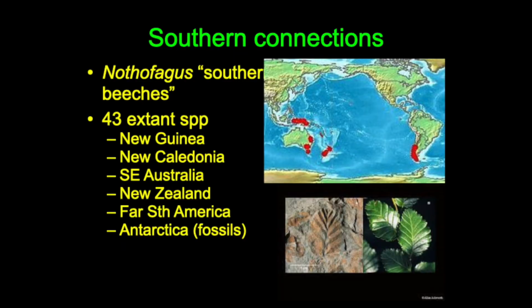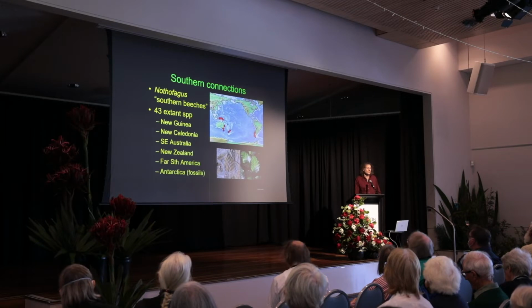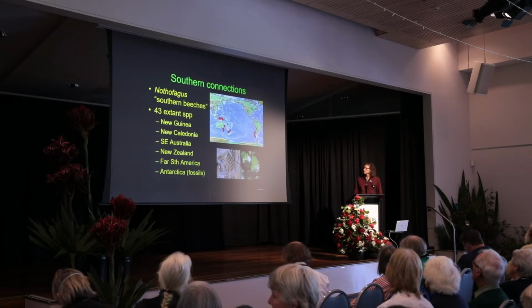And one example to pick on out of the many that one could are the southern beeches, Nothofagus, which is a genus of 43 species that are still with us at the moment, and a much larger number that have gone extinct over the millennia and millions of years, actually, tens of millions of years.